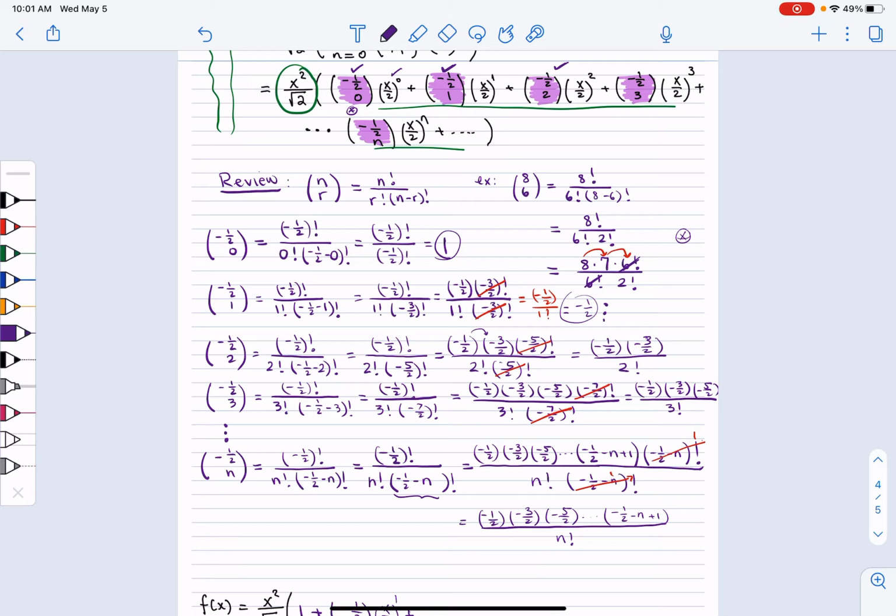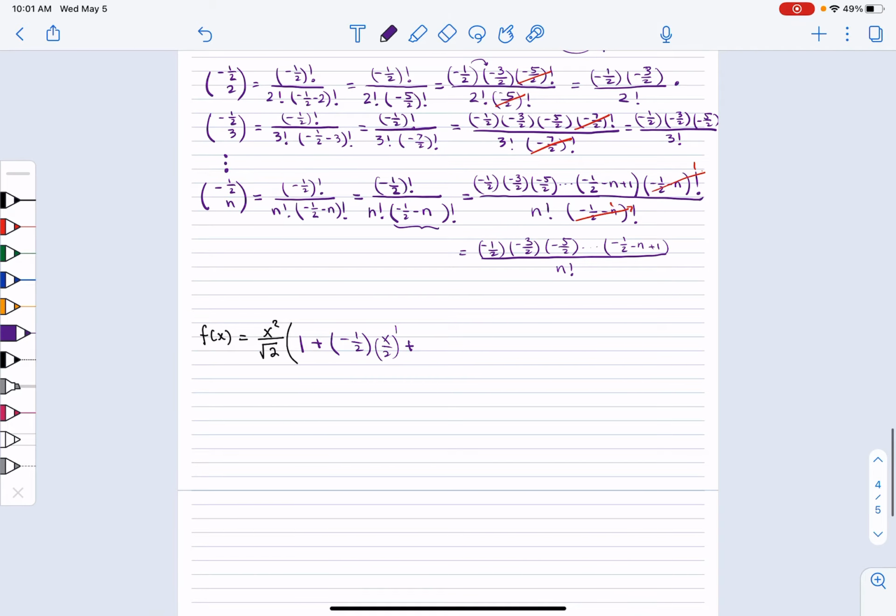we're going to go to negative 1/2 choose 2, and negative 1/2 choose 2 is equal to negative 1/2 times negative 3 over 2, over 2 factorial.